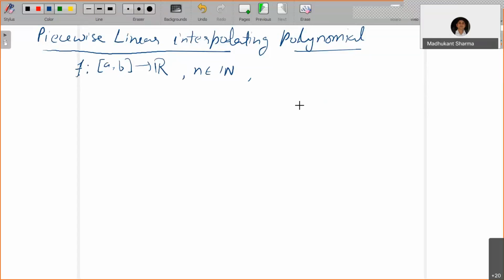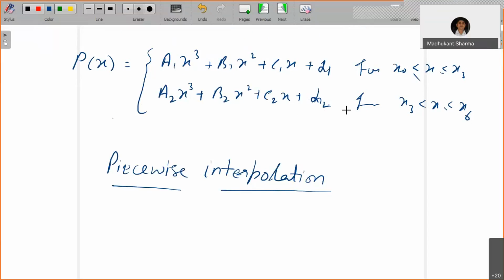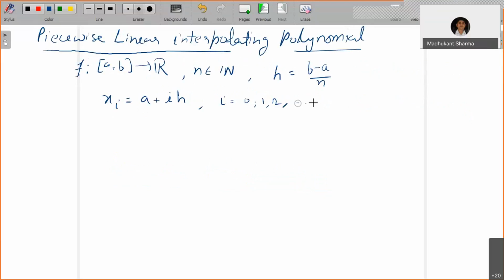So the distance between any two consecutive points is h equals (b minus a) by n. And the notation for the xi's is given by a plus ih, where i is running from 0, 1, 2, and so on up to n. So these notations we will carry forward.